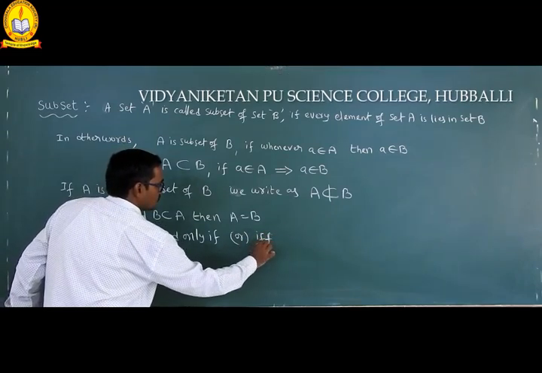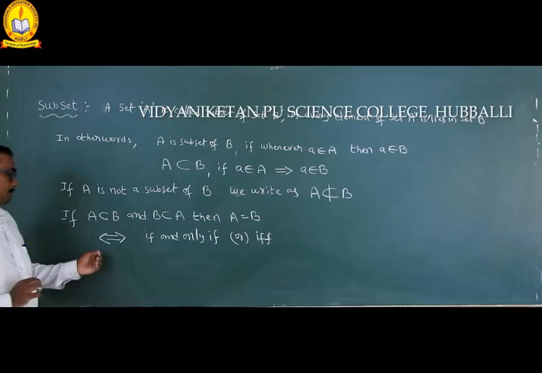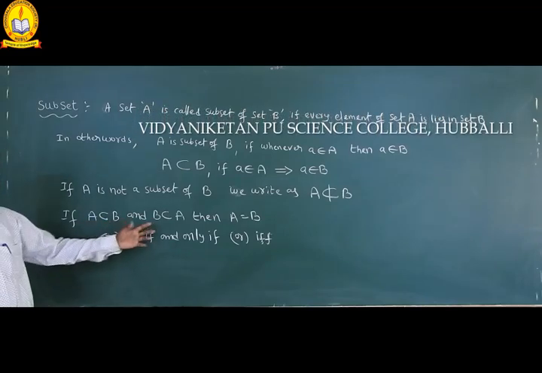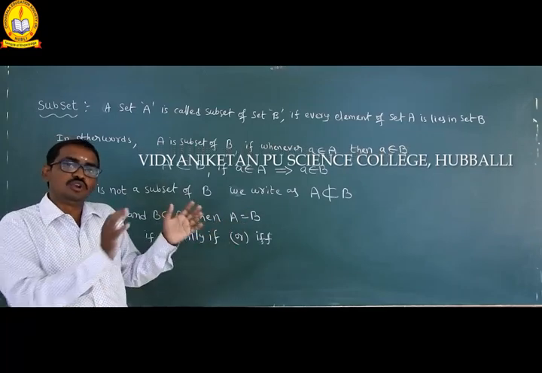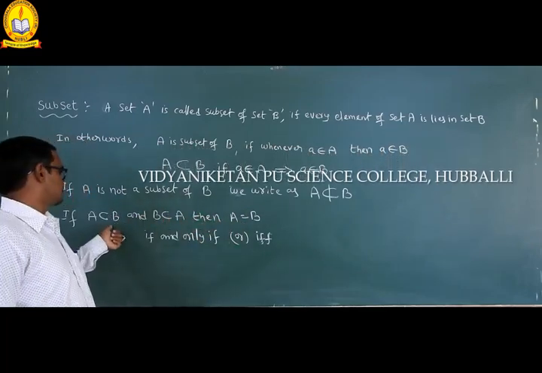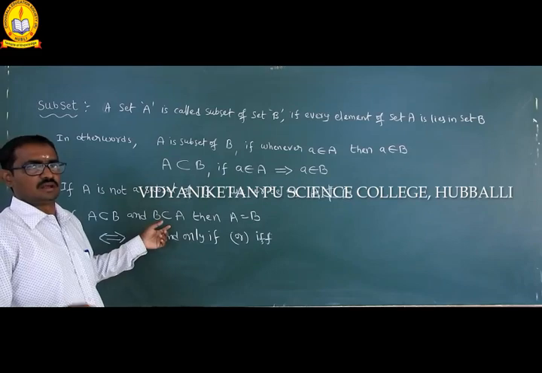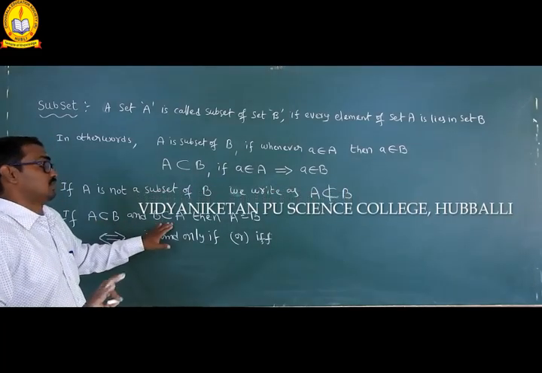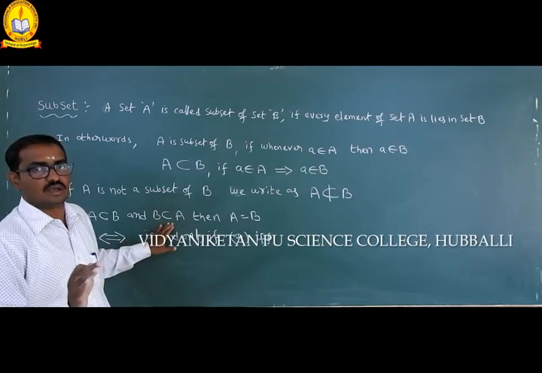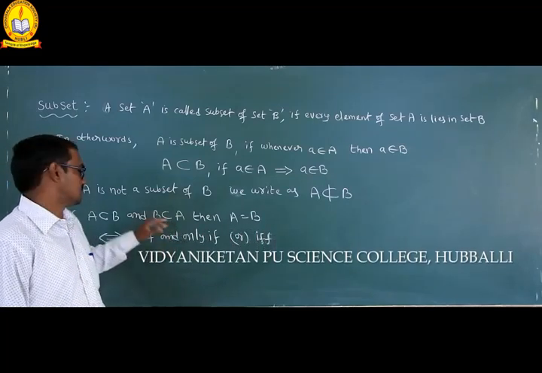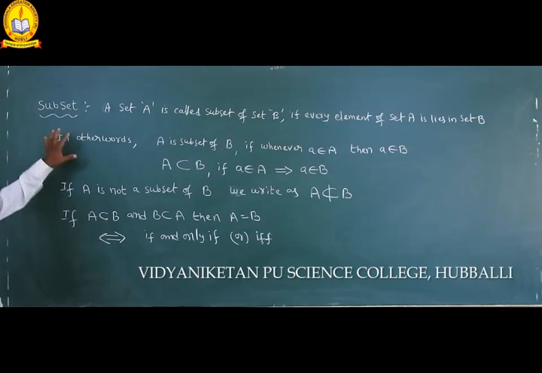If A is a subset of B and B is a subset of A, then A is equal to B. Vice versa, suppose A is equal to B is given, we can say that A is a subset of B and B is a subset of A. If A is a subset of B and B is a subset of A is given, then we can write directly A is equal to B. If and only if condition. Vice versa, that is called vice versa. These are the main three points about the subset.